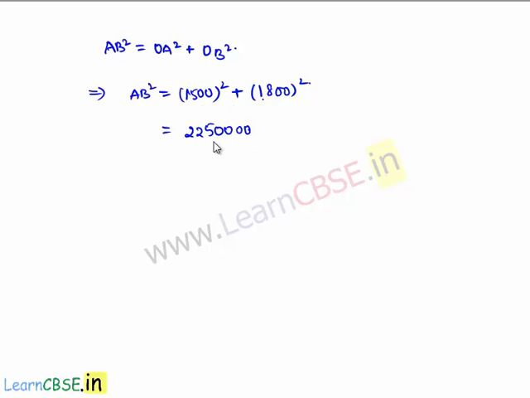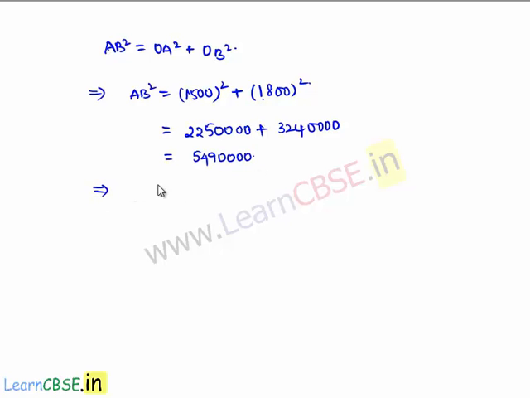1500 square is nothing but 22,50,000 plus 1800 square is nothing but 32,40,000. So overall we get 54,90,000.